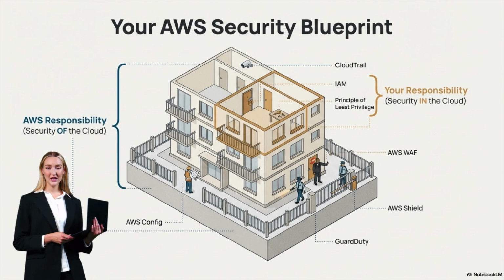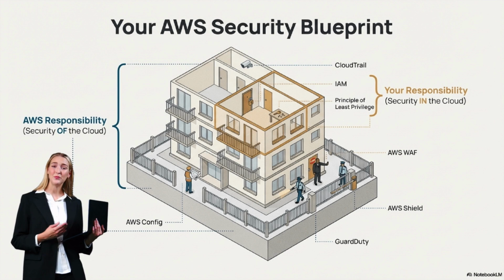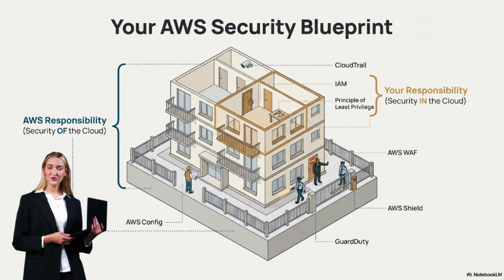This slide brings the entire apartment complex together into one AWS security blueprint. On the left, you see the AWS responsibility, security of the cloud, which includes the physical infrastructure and tools like AWS Config for compliance. On the right, you see your responsibility, security in the cloud.